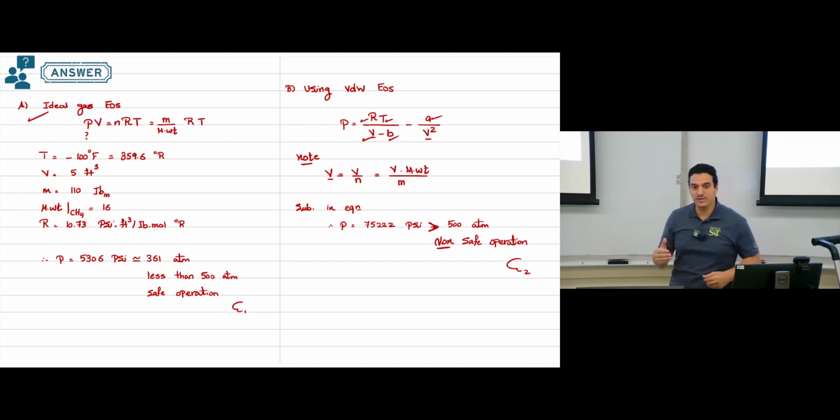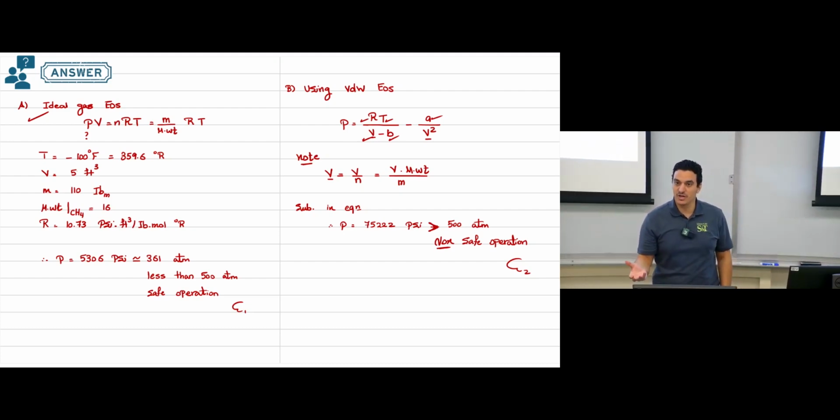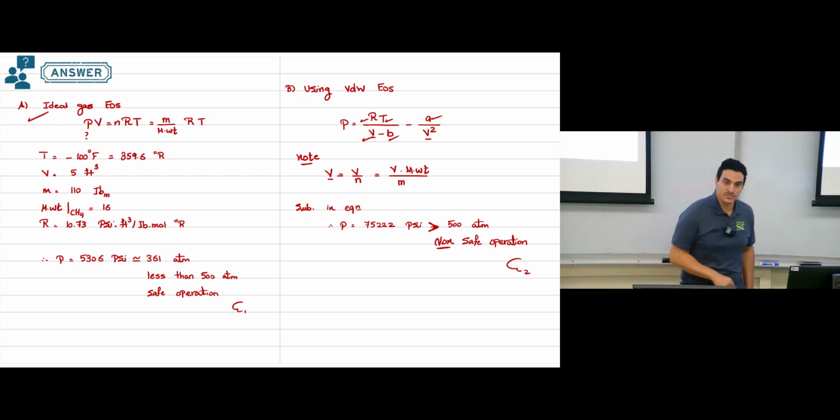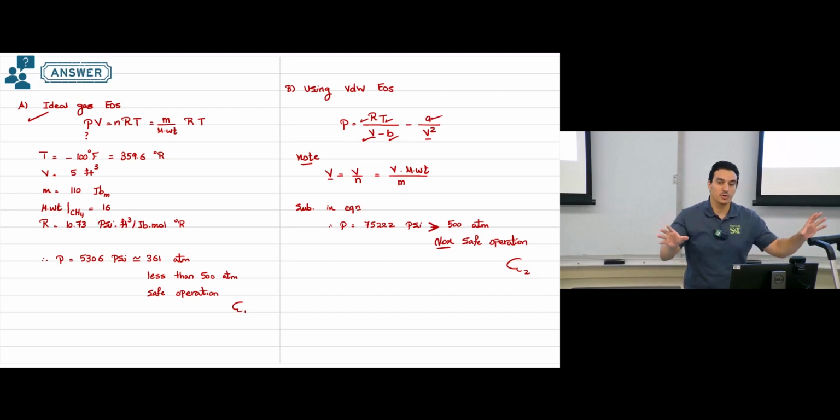How come van der Waals proposed an equation to overcome some of the limitations of the ideal gas, which is very accurate at low pressure? The equation that is supposed to work very accurately at high pressure fails, and the equation that is supposed to do poor calculations at high pressure gives very accurate conditions at these very high pressures. So we still have something missing in explaining both equations that we have.